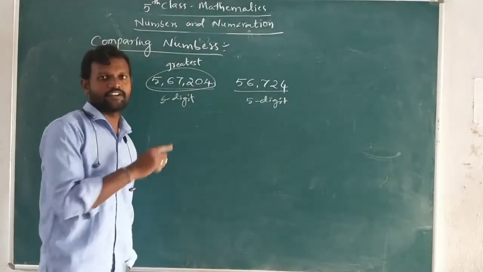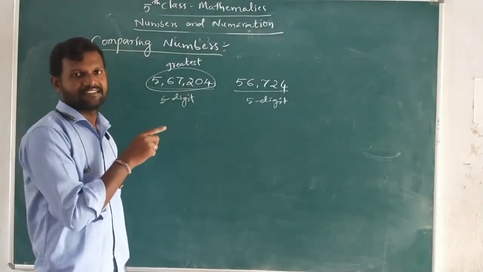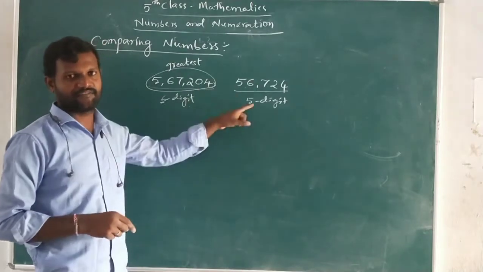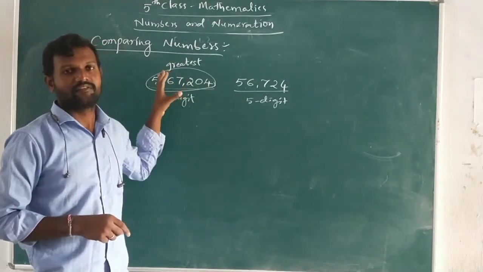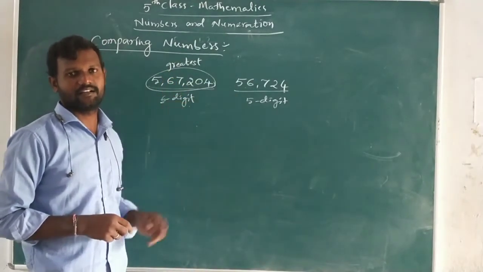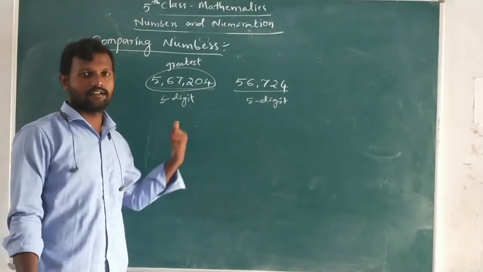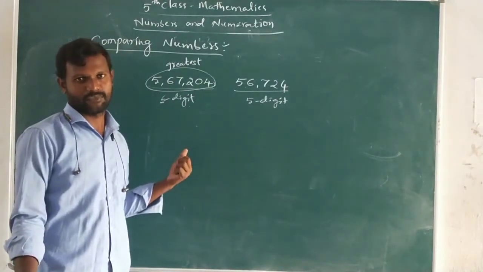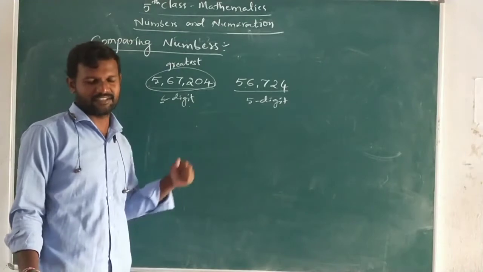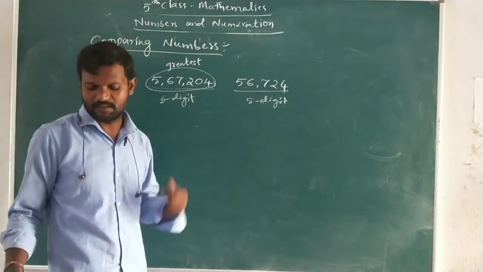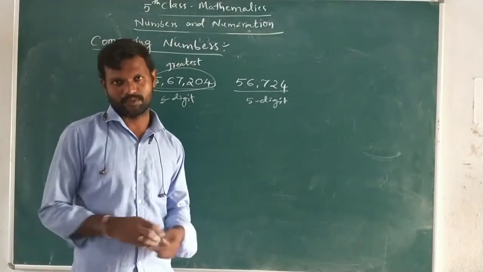Whichever number has fewer digits is the smaller one.